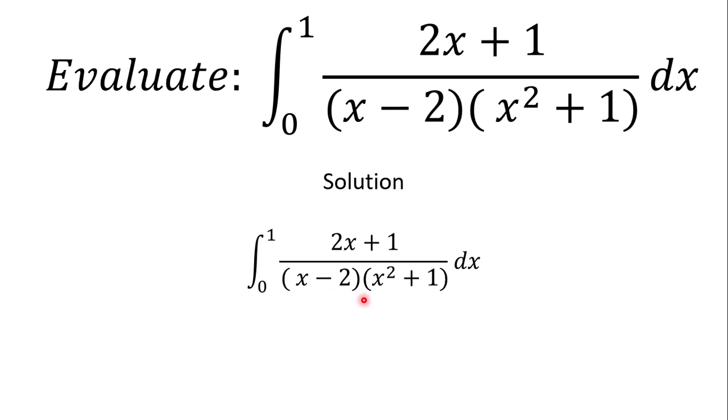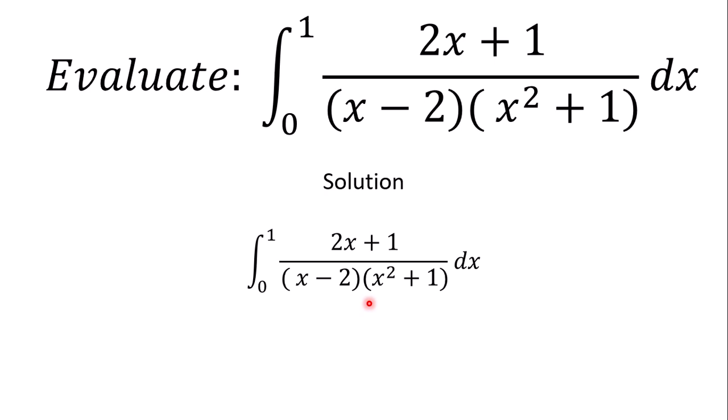Looking at the nature of the denominator, we can split it using partial fractions. If the denominator was in a quadratic or polynomial form, we could have first factorized it and then applied partial fractions. But lucky for us, the denominator is already in this form.